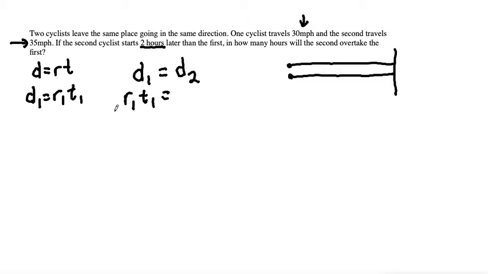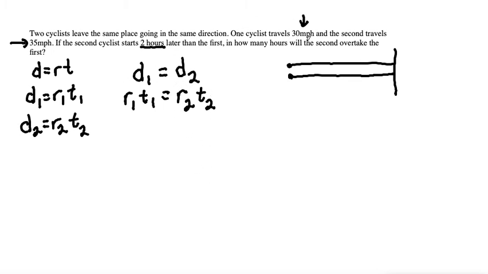And similarly, we can do the same thing for the second cyclist, that the distance of the second cyclist is equal to the rate of the second cyclist times the time of the second cyclist. So I'll substitute D2 is the rate of the second cyclist times the time of the second cyclist. Because we don't have any information here about how far either one of them is traveling, that's why I substituted information about the rate and the time.